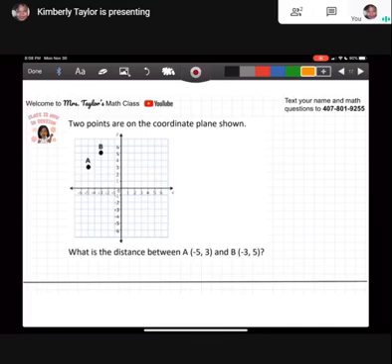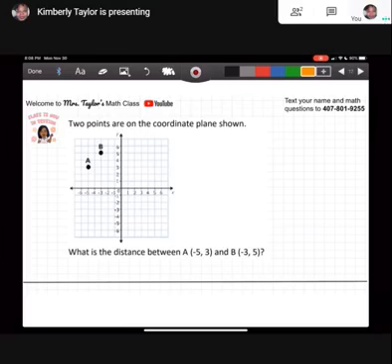Okay, so here's one more question. This question says 2 points are on the coordinate plane shown. It says, what is the distance between A, which is at -5 and 3, and B, which is at -3 and 5. Now, you can do this question 2 different ways. I think I'm only going to do one way because I just think it's the easiest way.